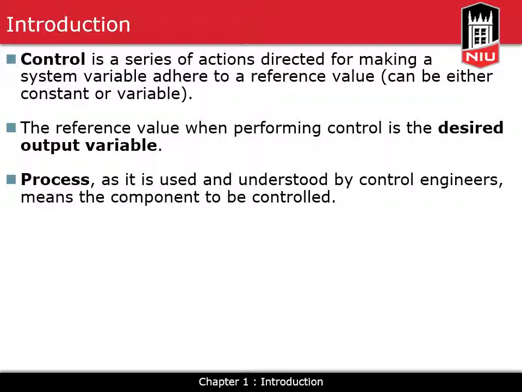Control is a series of actions directed for making a system variable adhere to a reference value. So basically, we would like to do a control on a system or a process or a plant in order to control one or more specific variables of that system. For example, we might want to control the temperature in a room.